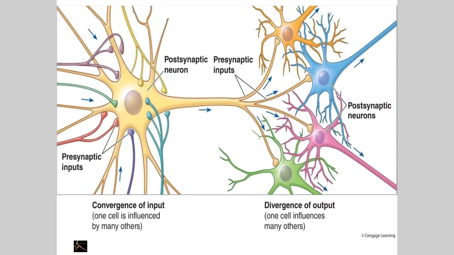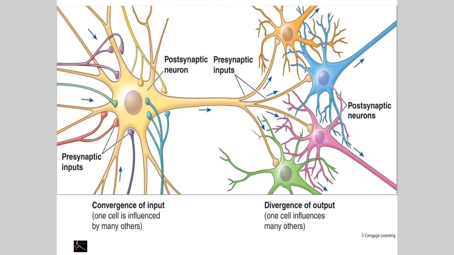An example of that might be that you stub your toe. That's one neuron bringing that information of the pain up to your brain. But then it branches, and it sends a signal for you to pull your foot up, to jump up and down on the other foot, to cry, and to yell.